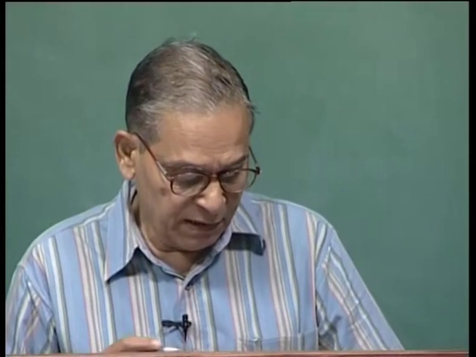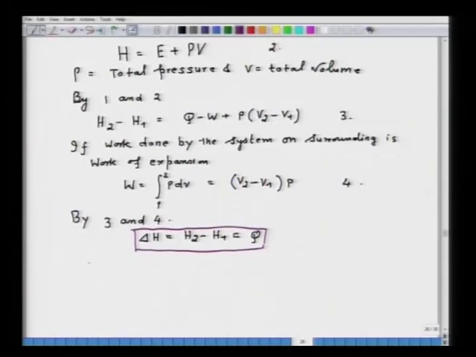Now, this particular equation is valid when the change from state 1 to state 2 occurs by a path of constant pressure in which only expansion work is done on the surrounding. That means this is valid for an isobaric process, that is, taking place at constant pressure.